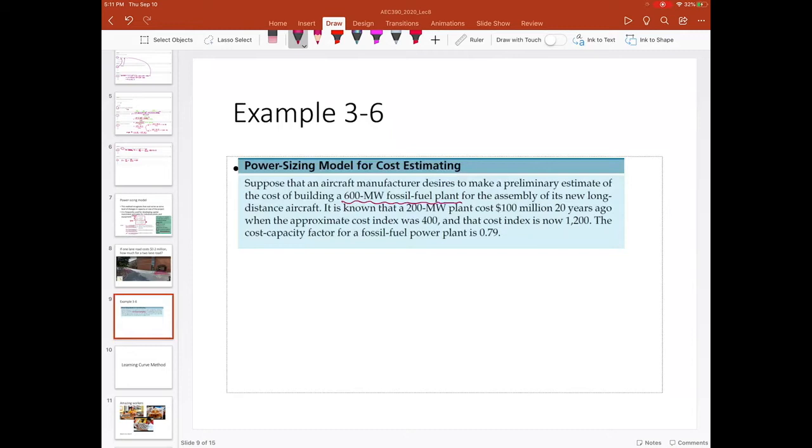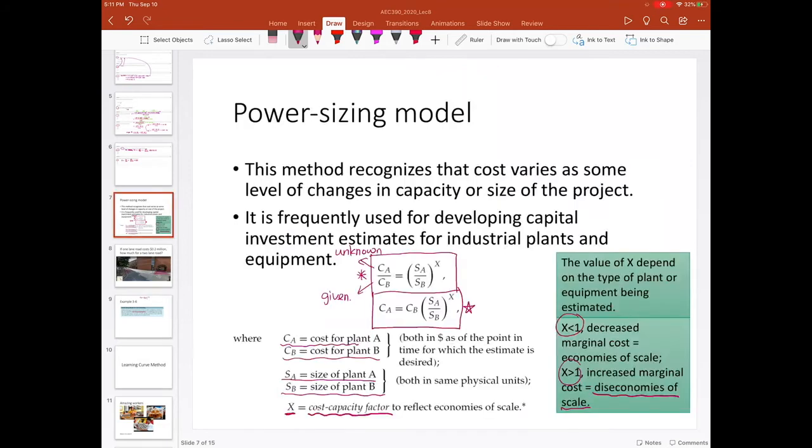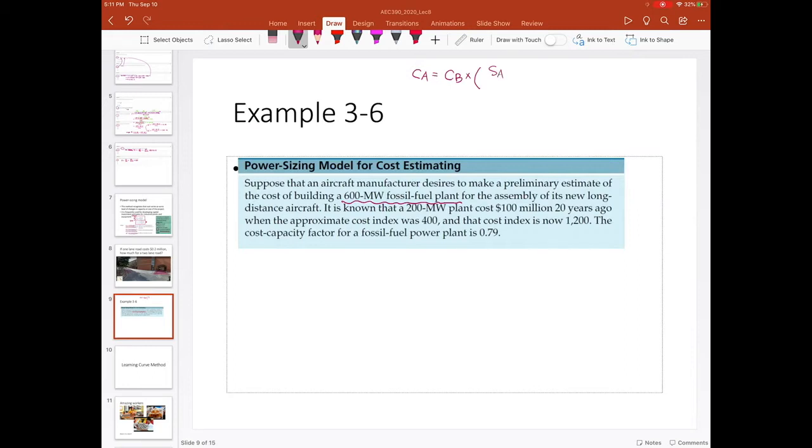So CA, let's write it here actually. CA, that's the unknown cost. Remember that is CB times size A over size B to the power of X. That's your equation.